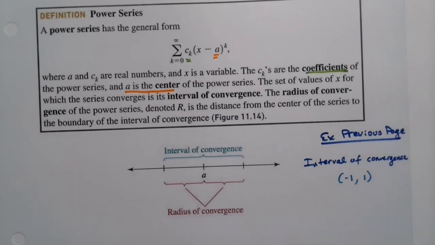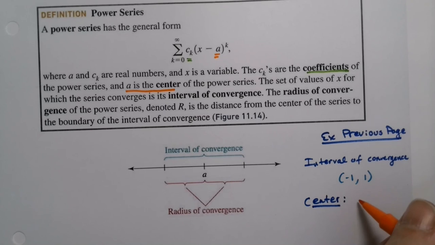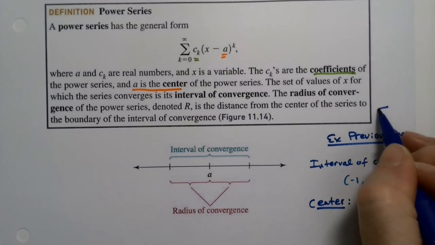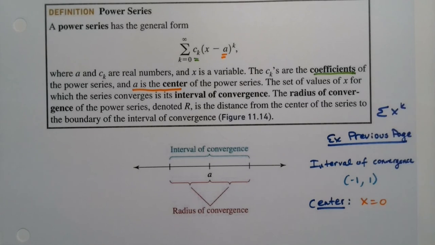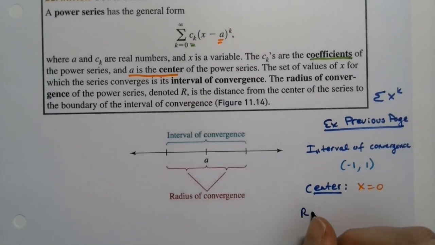We had a center, which was x equals 0, because it was just x to the k. If you look at the series, there's no parentheses, so 0 is your center. And we have a radius.